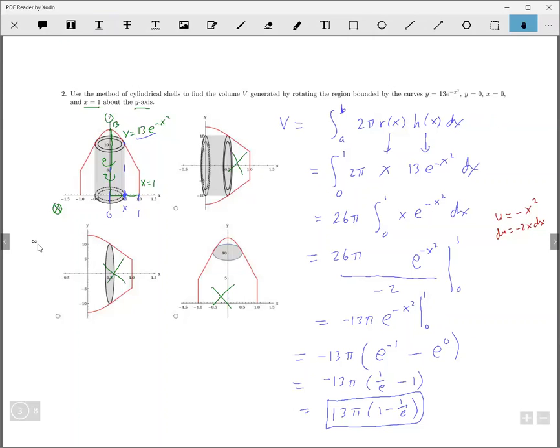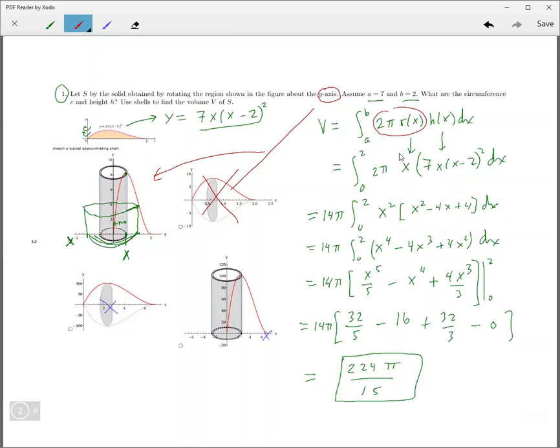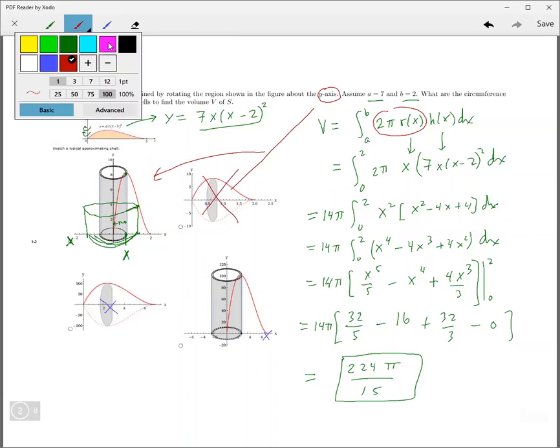Okay, another thing that I'm just noticing that I forgot to mention on number 1, let's go back here really quickly. It's asking for the circumference. Okay, so the circumference is all of this. Let me do it in a different color.